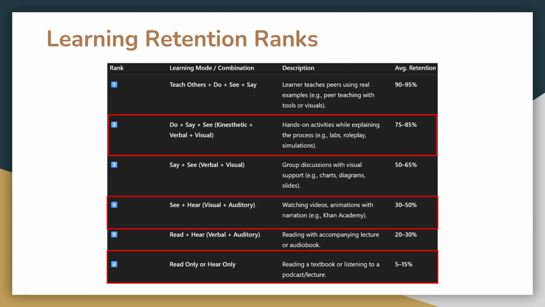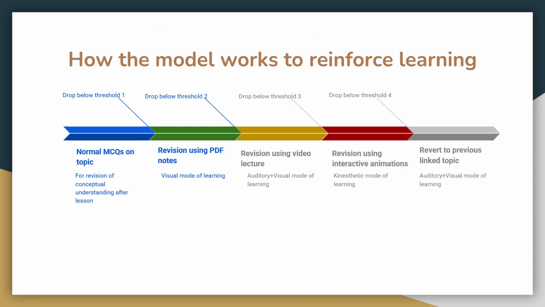Now, this is just a pedagogical research that was done, which shows that kinesthetic, verbal, and visual modes all complement one another and exhibit much higher retention than just visual learning. So how the model works is based on the model's prediction.